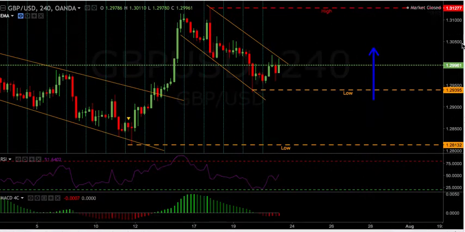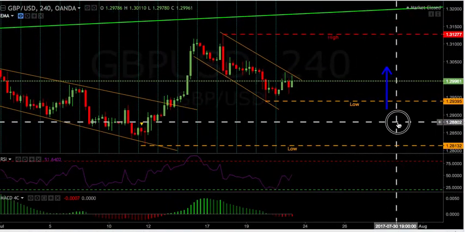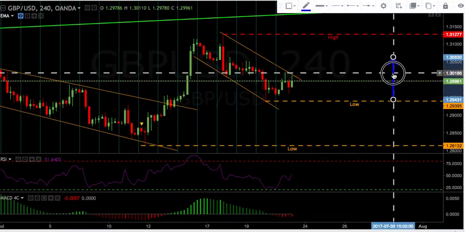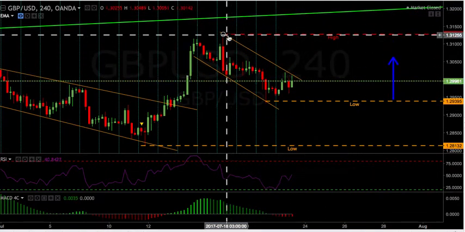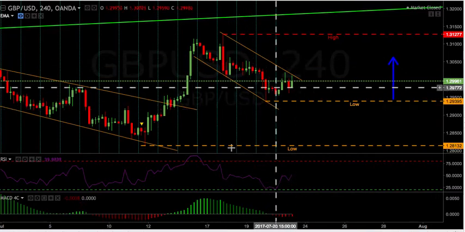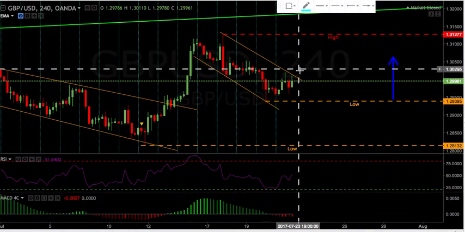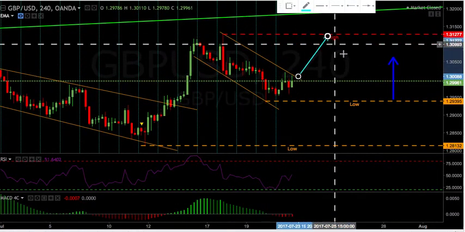Pound dollar. We're still bullish on this pair also. We see prices still in a flag, which means we're looking for this pattern to break north, break bullish.